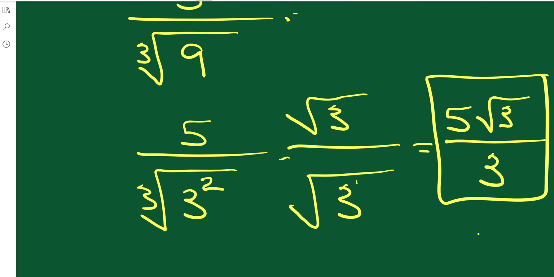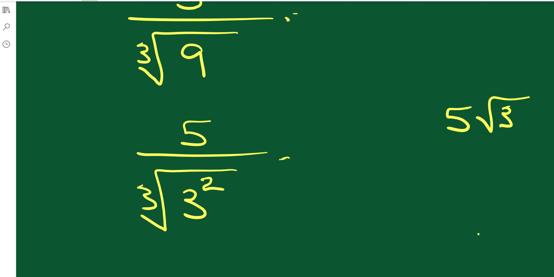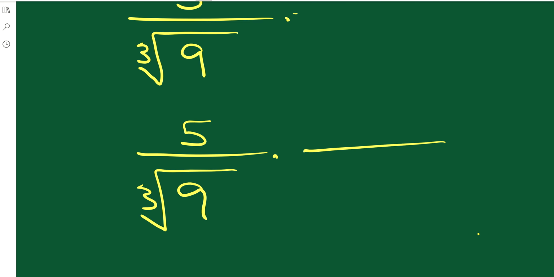The other way of doing that same problem is, let me put my problem back, and say the cube root of 9. Another way of going about it is multiplying the denominator by the cube root of 9 squared, or I could say 81. I'm going to use the 9 squared part because then I have 3 9's there.